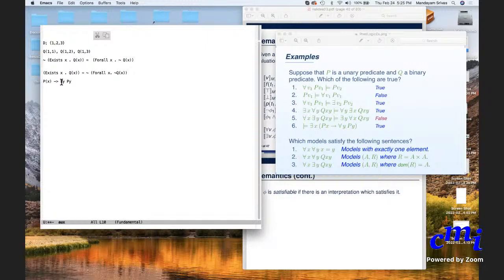So implication means this is not of p of x or p of y, correct? So you have to take the negation of that. So if you take the negation of this, that is what q is in our case.